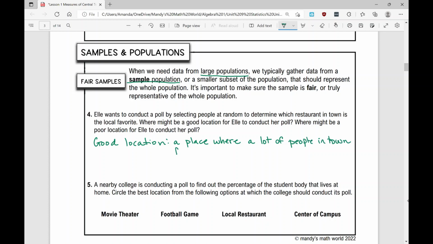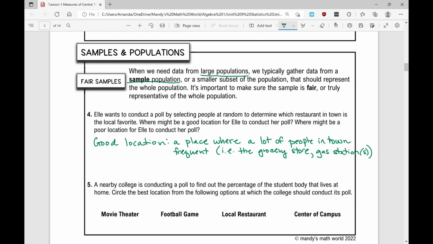Now, where might this be? This might be like the grocery store, for example. Everybody gets groceries, right? So I might set up shop at the grocery store. Or perhaps the gas station or gas stations. Those might be good locations, right?